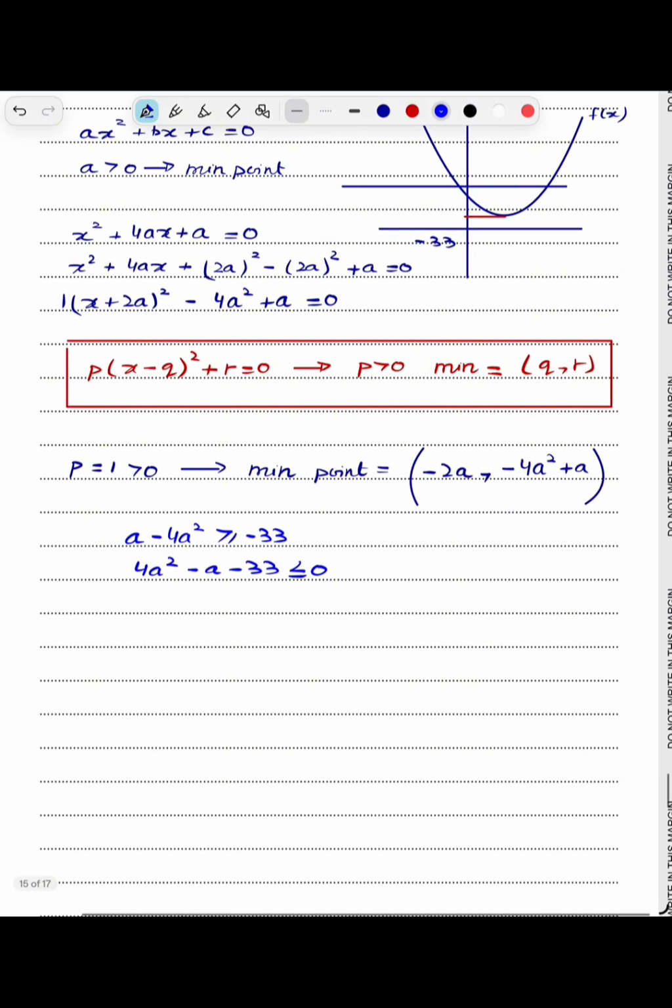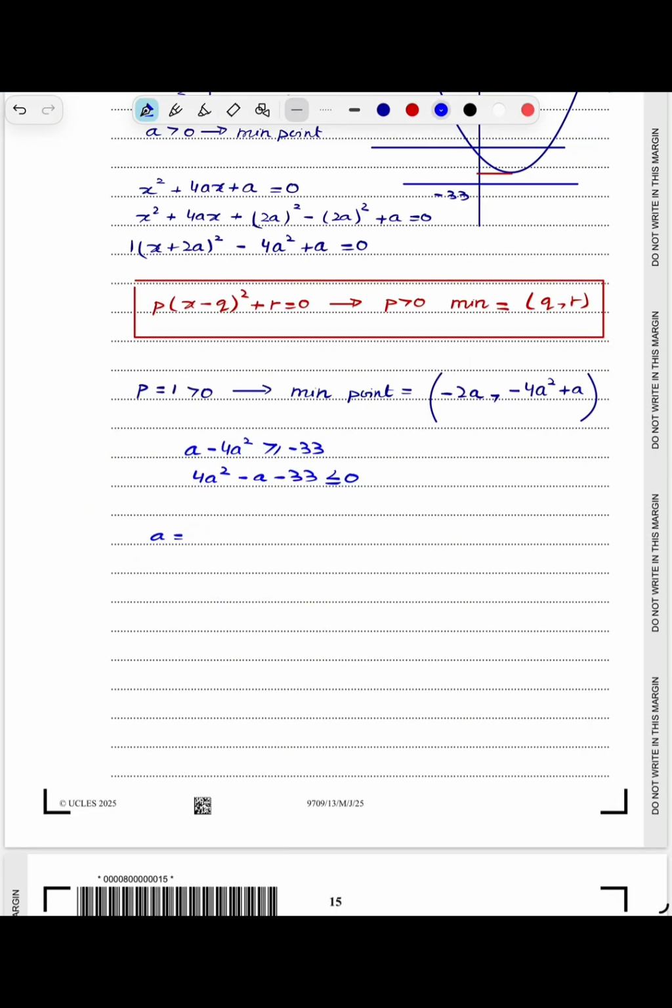So this gives a = (1 ± √(1 - 4ac)) / 2a, which is 8. This becomes 1 ± the square root of 4 into 33, 522 plus 1 is 529, over 8.